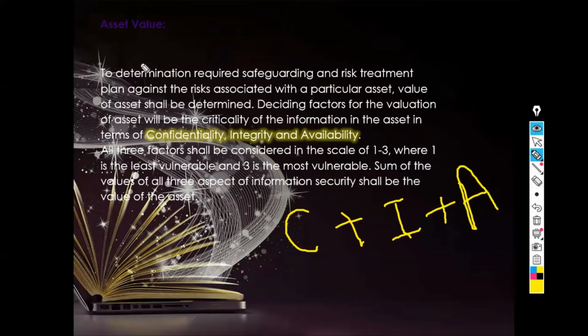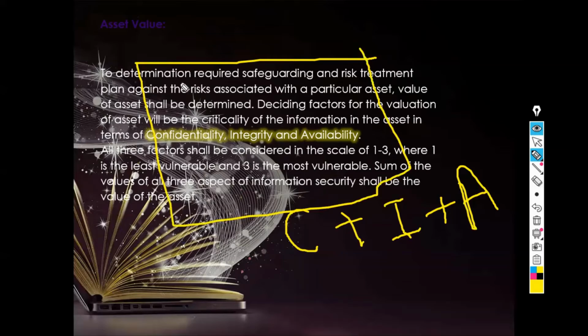You need to use a 3 by 3 matrix here. We are going to give numbers 1, 2, 3. 1 would be less vulnerable and 3 would be most vulnerable. So this would result in the asset value.